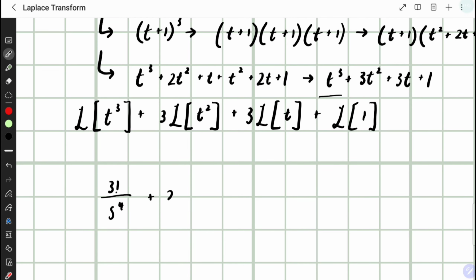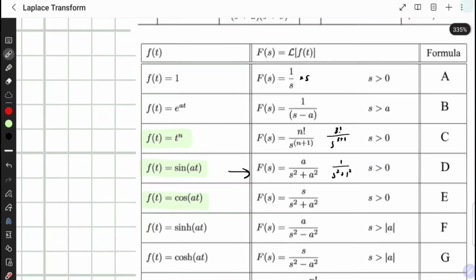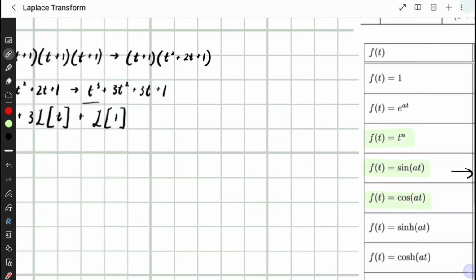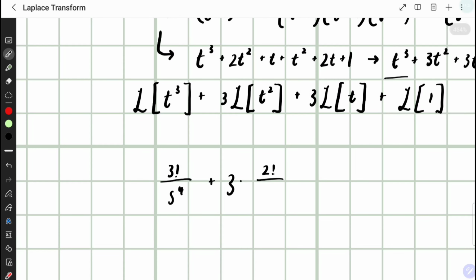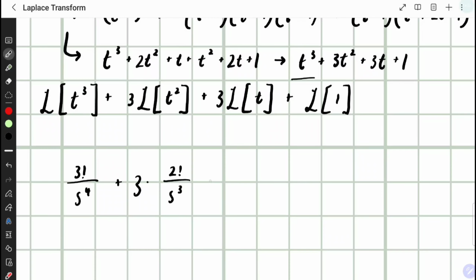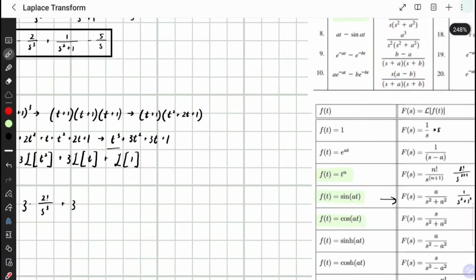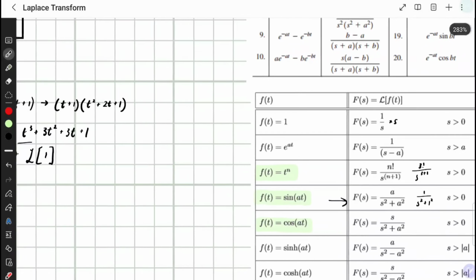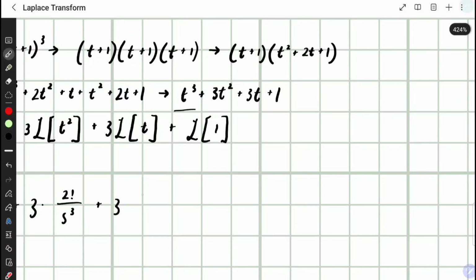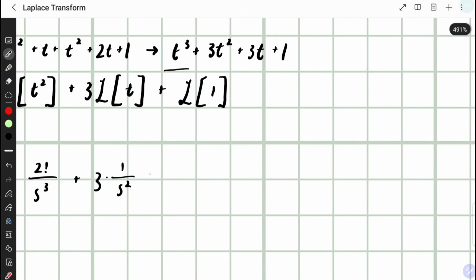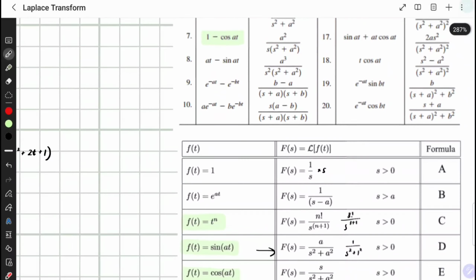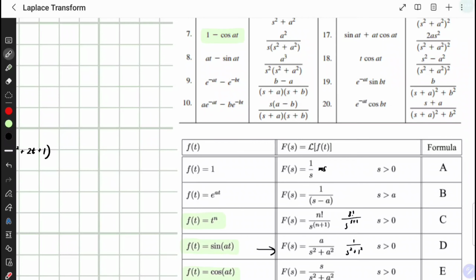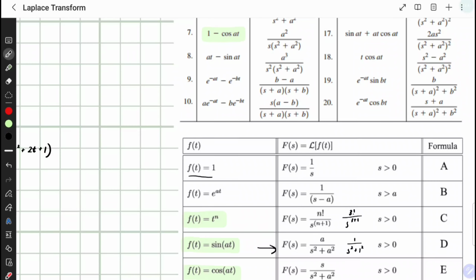Plus 3 times t squared. Same thing here, now it's 2 factorial over s to the 2 plus 1, so 2 factorial over s to the 3. Plus 3 times the Laplace transform of t. Same thing here, n is equal to 1, s to the 1 plus 1, 1 over s squared. Plus the Laplace transform of 1. That's just simple: the Laplace transform of 1 is just 1 over s.